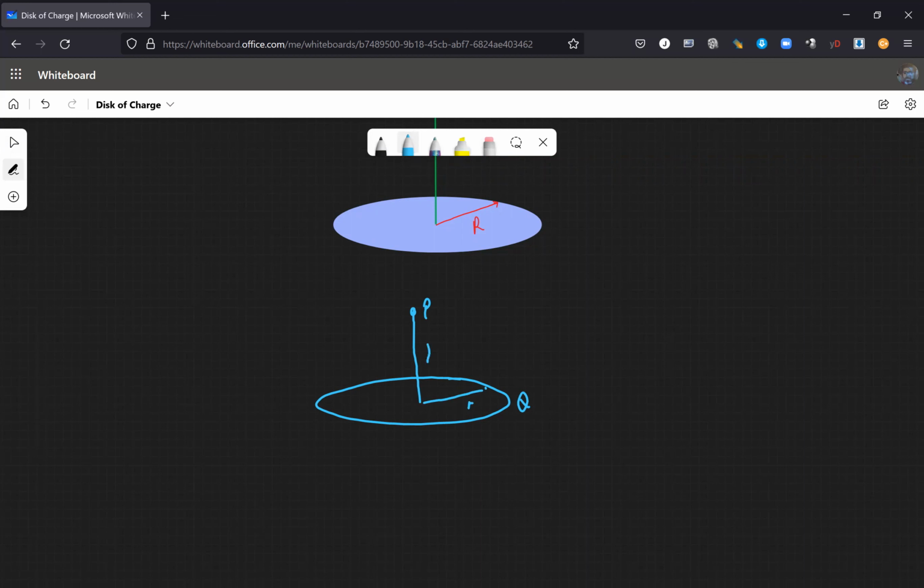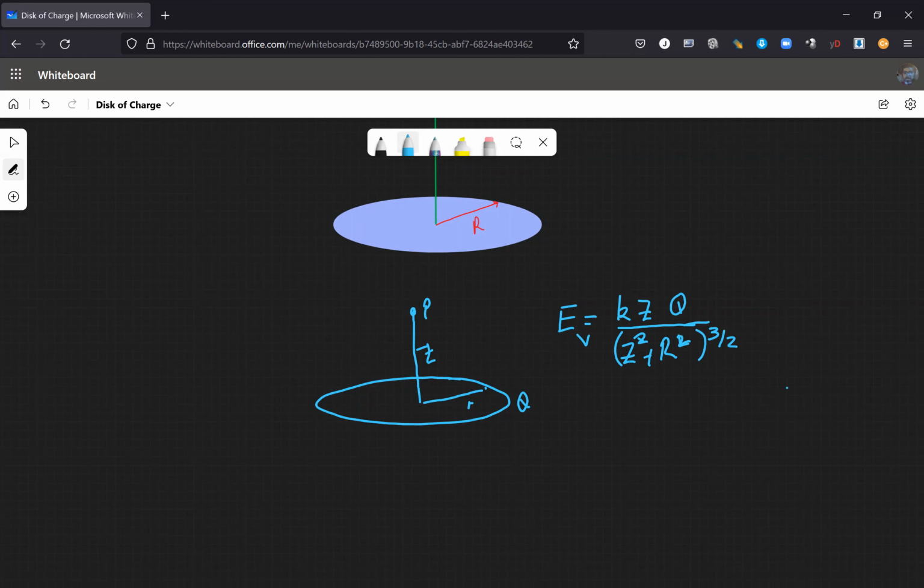At point P, which is a distance z above, the electric field was, you can go check that video out, k z q over z squared plus r squared to the 3/2 power. And that was strictly vertical, going straight up. You can call it E sub V or E sub z, it doesn't matter.